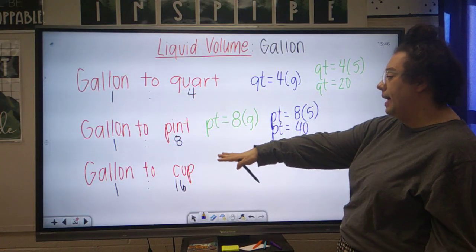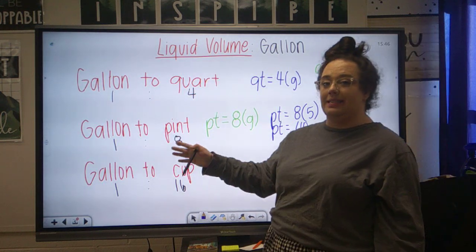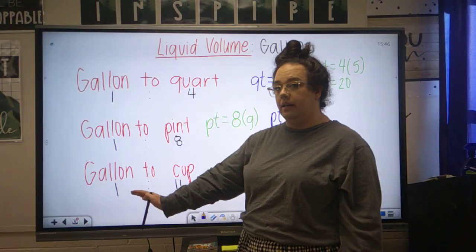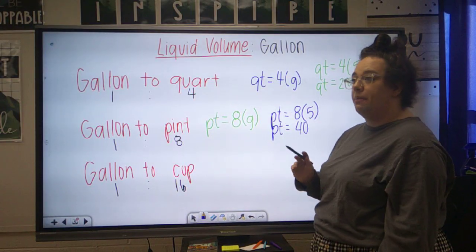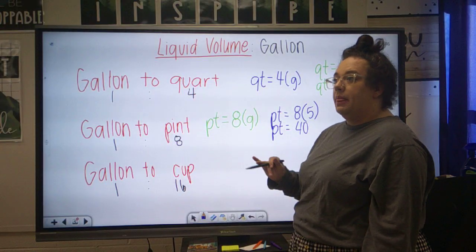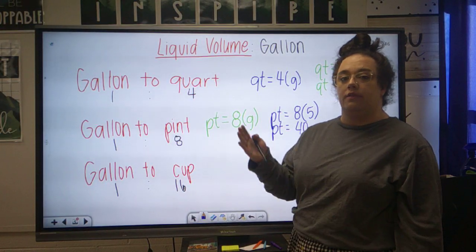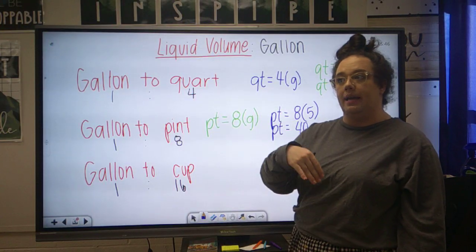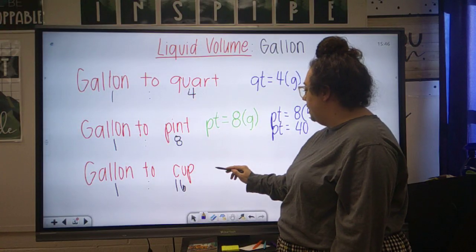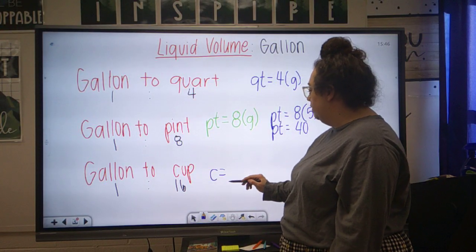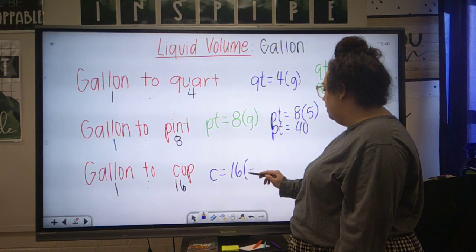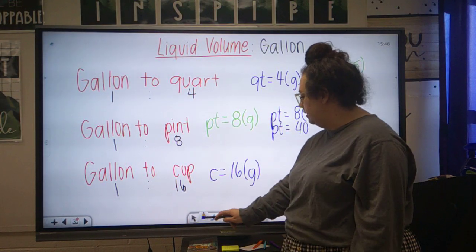And then to go from gallons to cups, it is a 1:16 ratio, which means there are 16 cups in 1 gallon, similar to pounds and ounces. So for this one, I would do the same type of equation that I would do to go from pounds to ounces, just the variables are different, right? So I would have a lowercase c for cups equals 16 times the number of gallons.